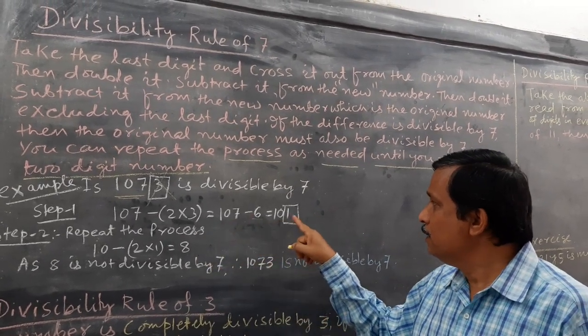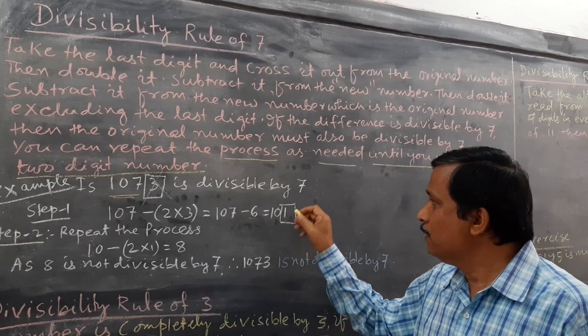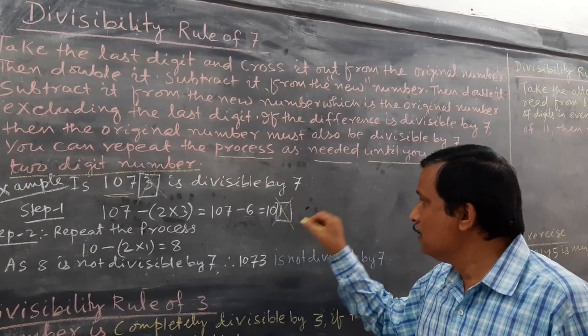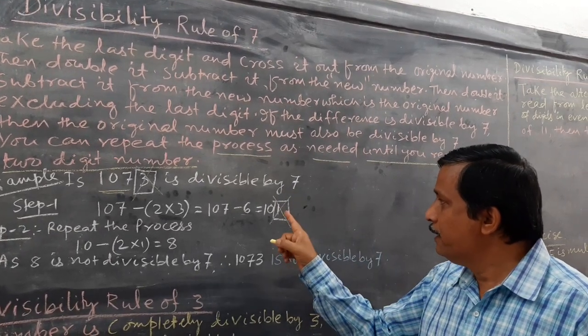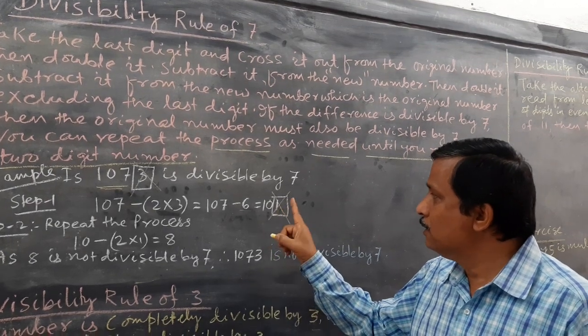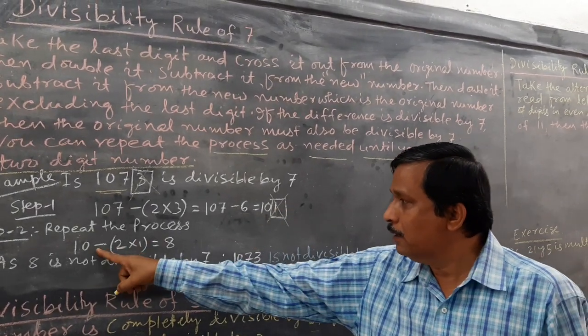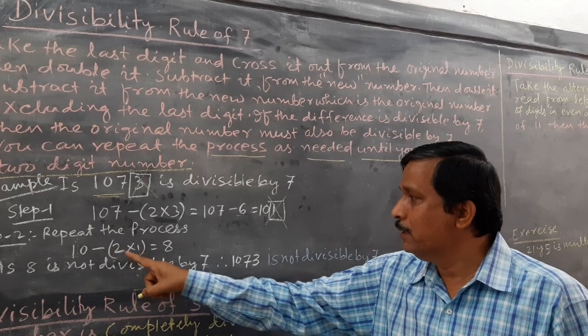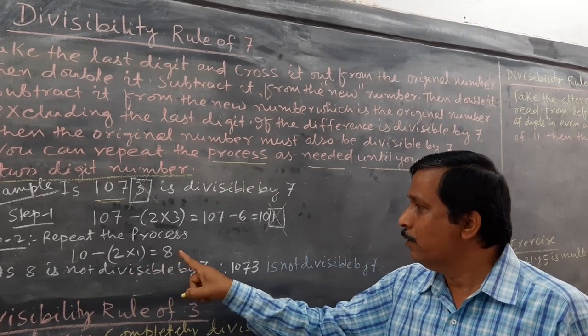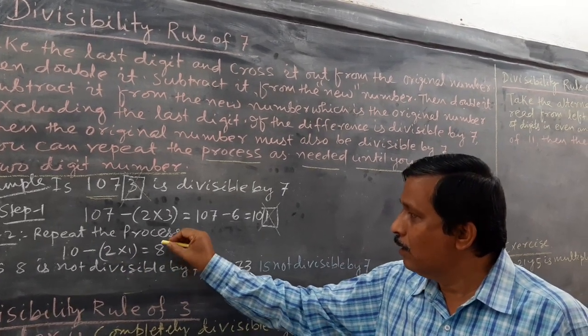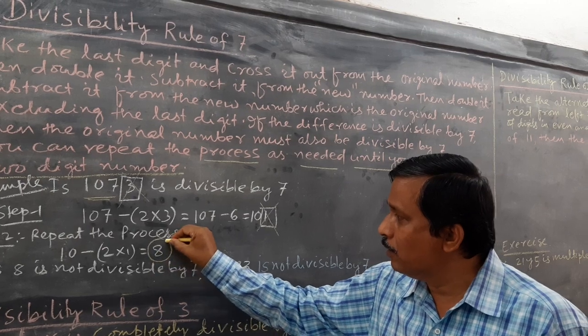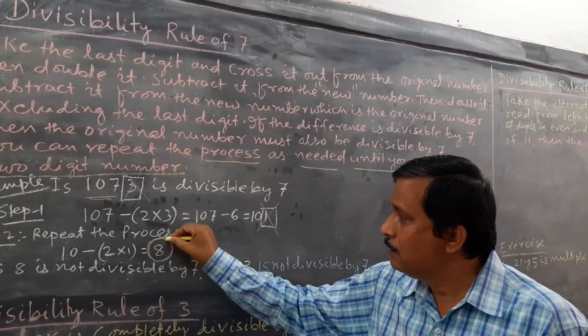Again it is a 3-digit number. For that you cross the last digit and take the double of that digit. So 10 minus 2 into 1, again you subtract from that number, now 8. Now it is a single digit number.